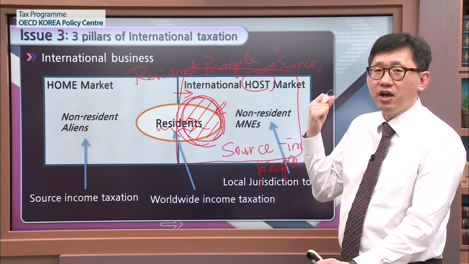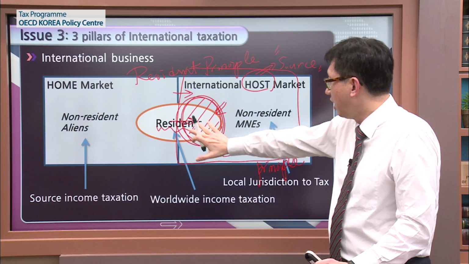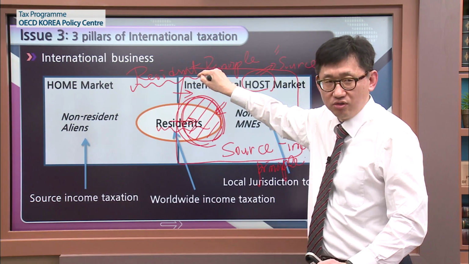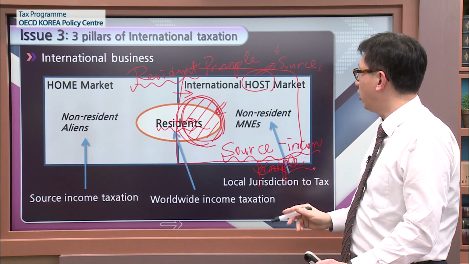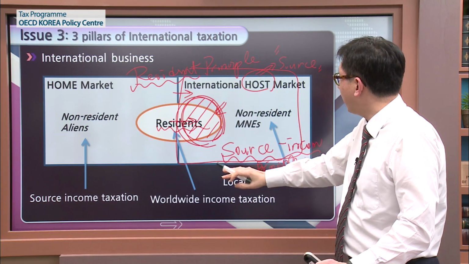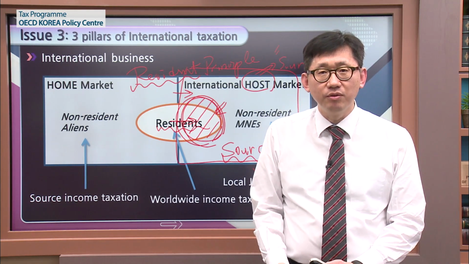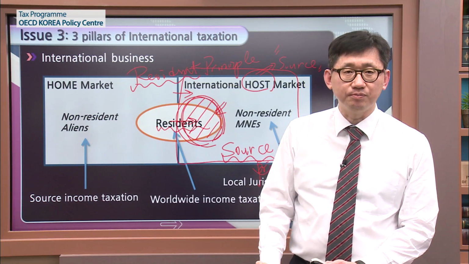They require tax. This is the condition of double taxation. The resident has to pay tax to the resident country's tax authority, and then, according to the source income principle, has to pay tax to the host country's tax authority as well. This is the concept of double taxation.